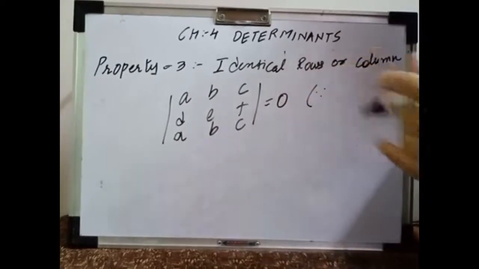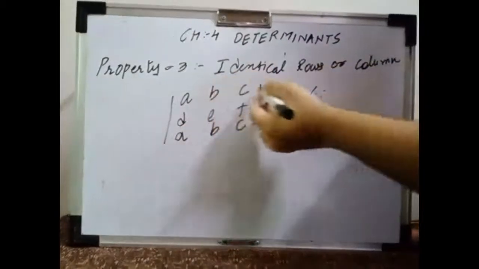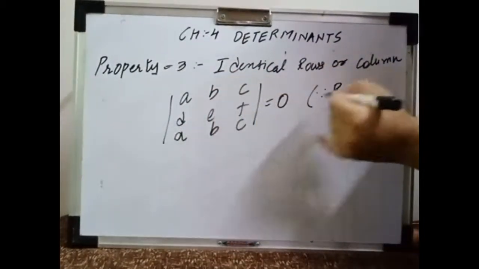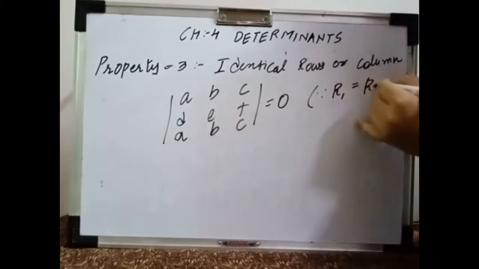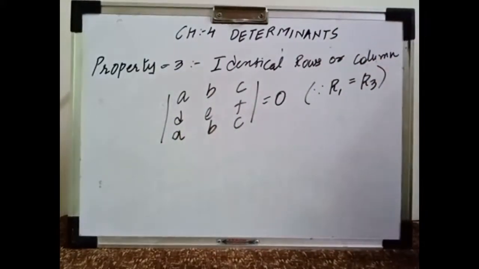Why is the value of the determinant 0 here? As you can see, your row 1 is equal to row 3. The same goes for columns also. If you have two columns or two rows identical, then the value of the determinant will be 0.